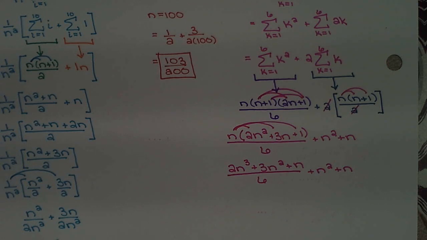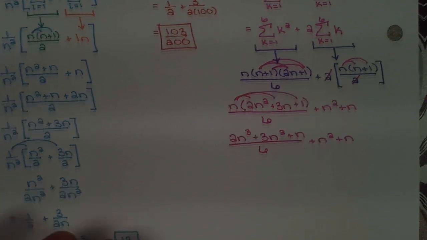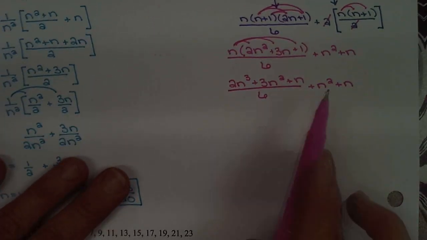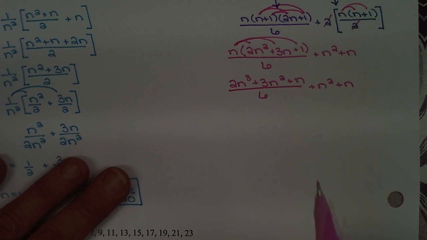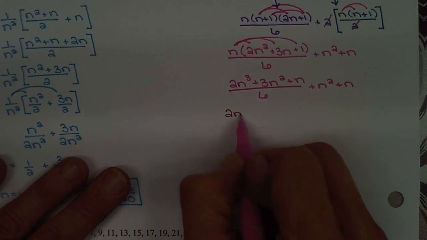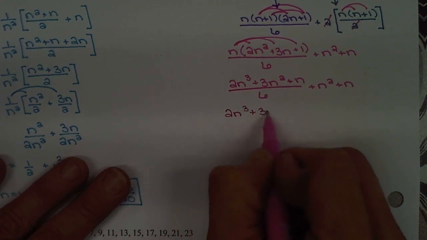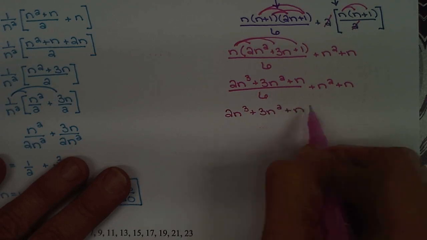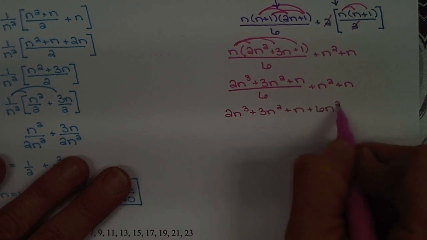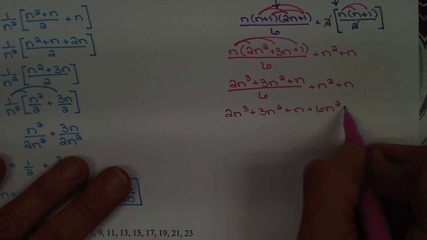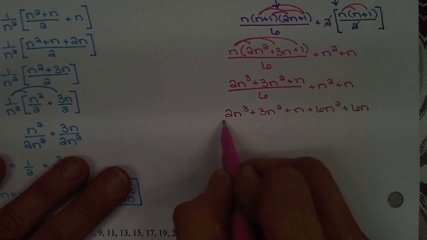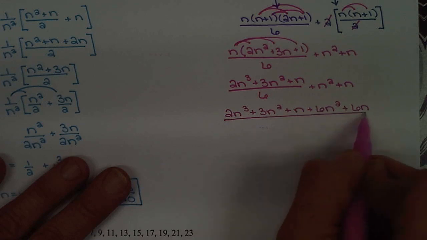Next thing I'm going to do is find a common denominator, which means that n squared and that plus n need to be over 6 as well, which means I have to multiply both of these by a 6. So I'm going to have a 2n cubed plus a 3n squared plus an n. That one gets times 6, so plus 6n squared. That one gets times 6, so plus 6n. Now all of it is over a 6.